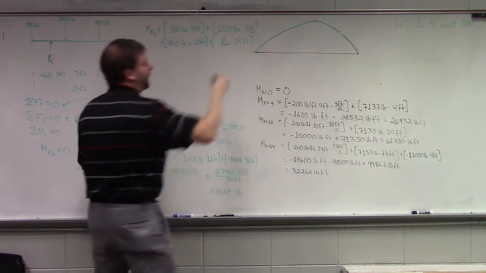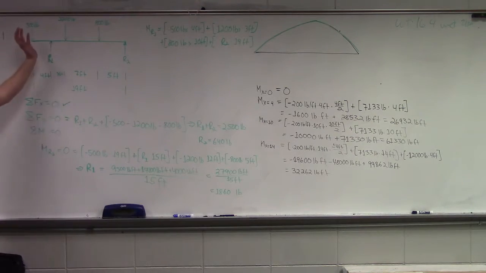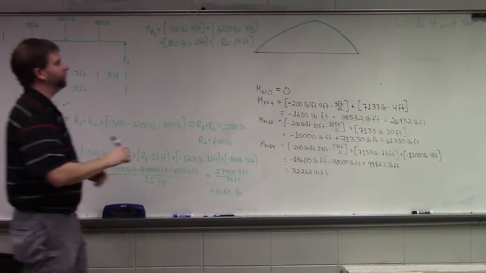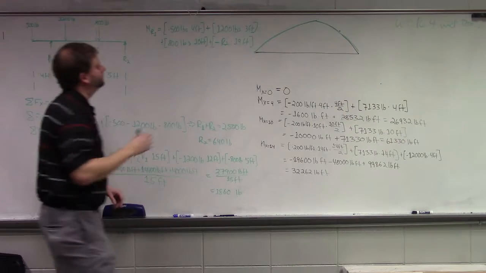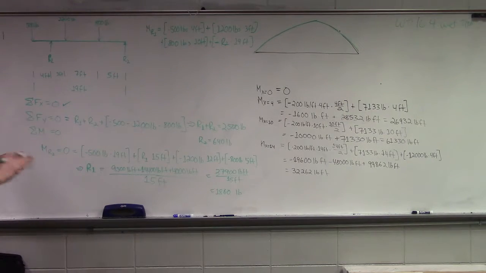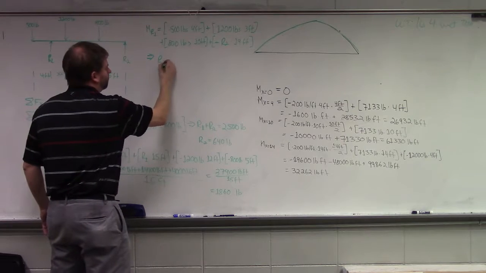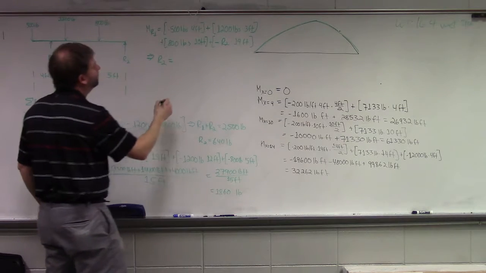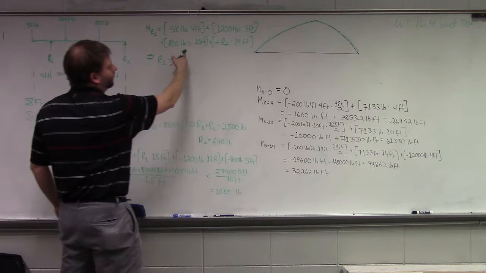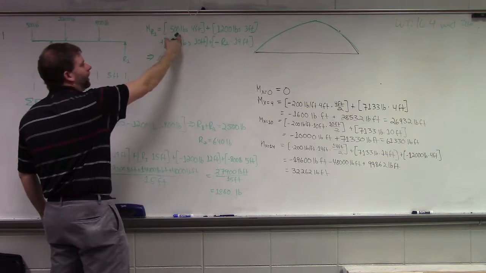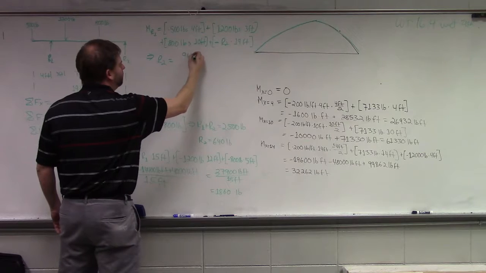And how is R2 acting? Is it trying to rotate it this way, or is it trying to rotate it this way? It would be negative because it's going up. So now we just have 8,000 and 3,600, so 11,600 minus the 2,000, 9,600.